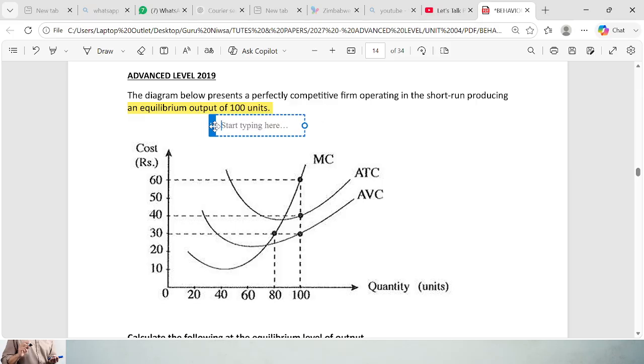We have discussed this part. What is meant by equilibrium? Demand equals supply. No, one firm. Yes, that's market equilibrium. Firm's equilibrium: MR equal MC. Very good.